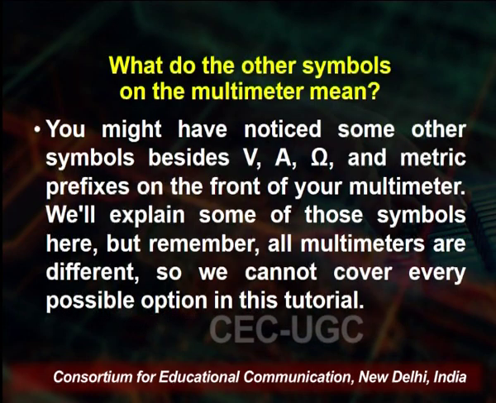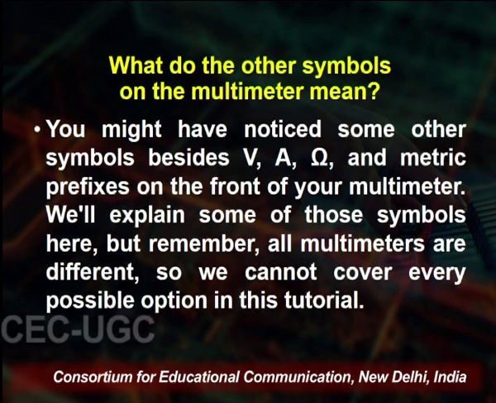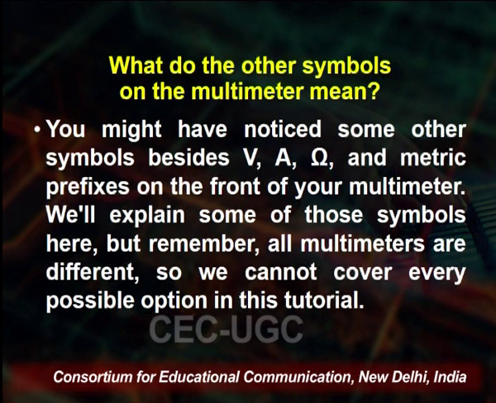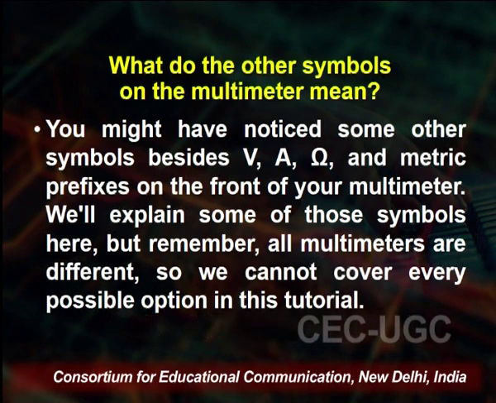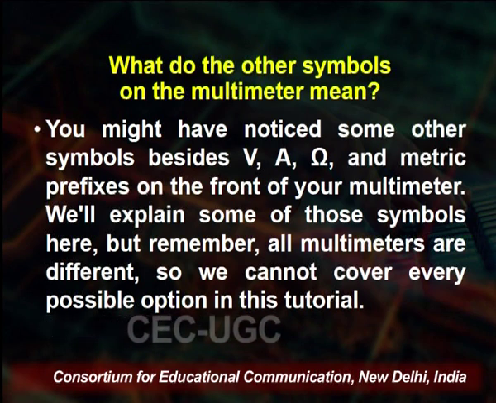What do the other symbols of the multimeter mean, we will discuss one by one. We have other symbols like V, A, omega, and the metric prefixes on the front of the multimeter that explain some values.